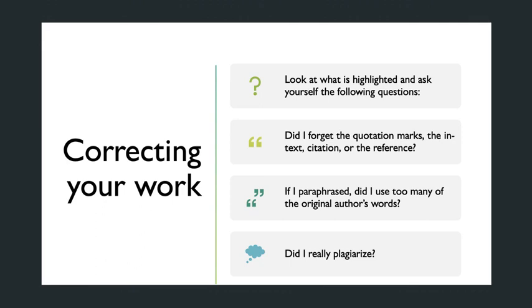So look at the highlighted parts and ask yourself the following questions. Did I forget the quotation marks, the in-text citation, or the reference? If I paraphrased, did I use too many of the original author's words? And did I really plagiarize?